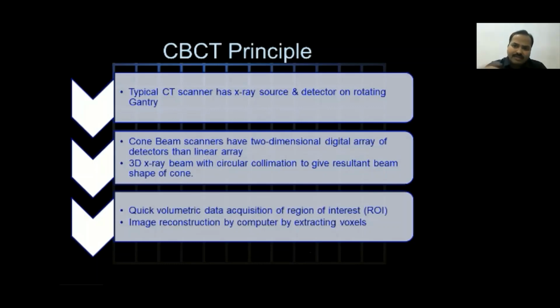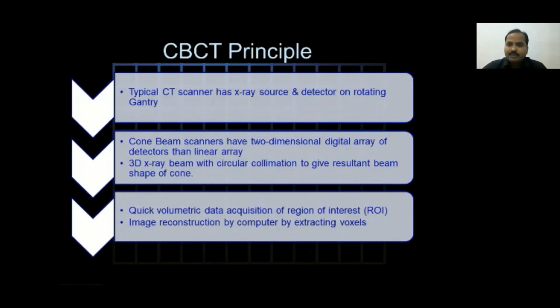With those rotations, slices are produced as images for the area of interest. Now, the cone beam scanners will have a two-dimensional digital array of detectors. As you see, any gantry will have an X-ray source and a detector. These two will be present in the gantry.